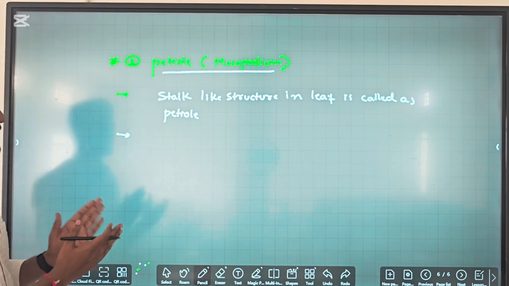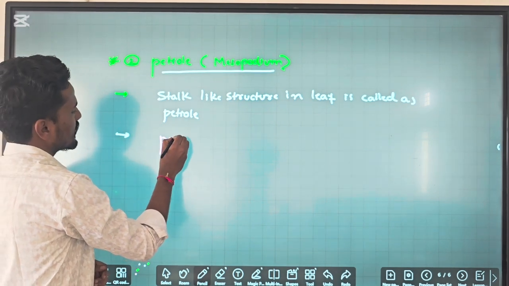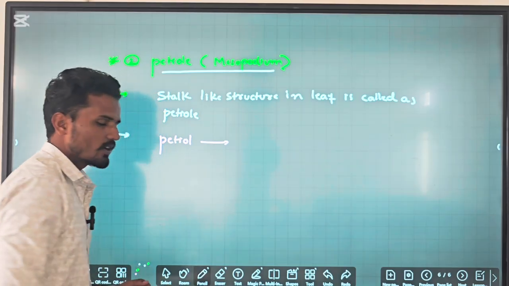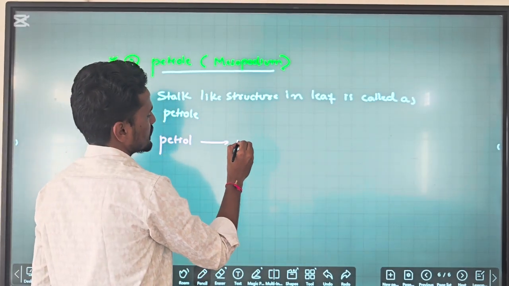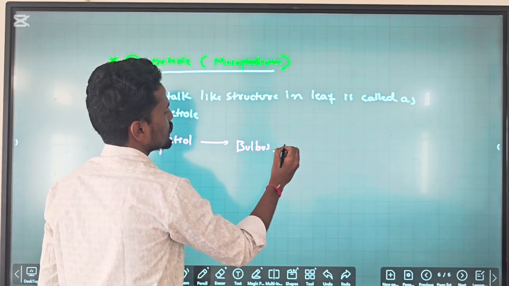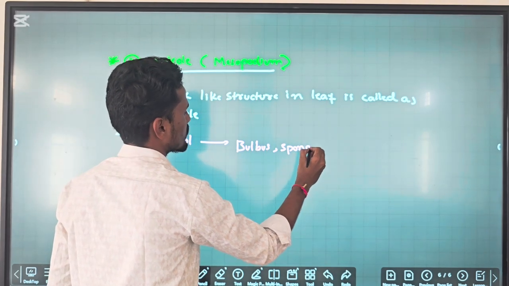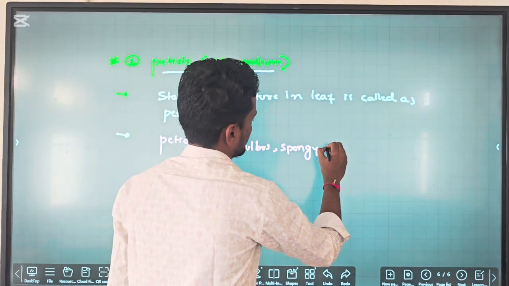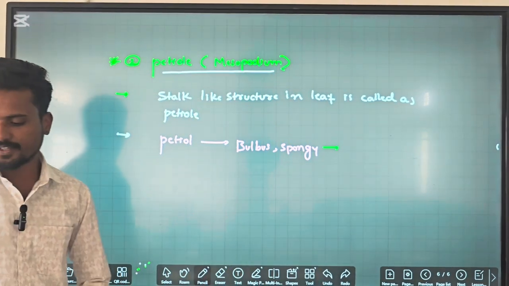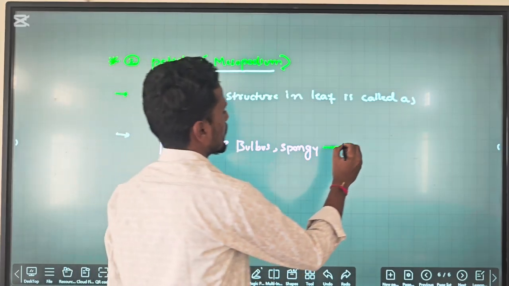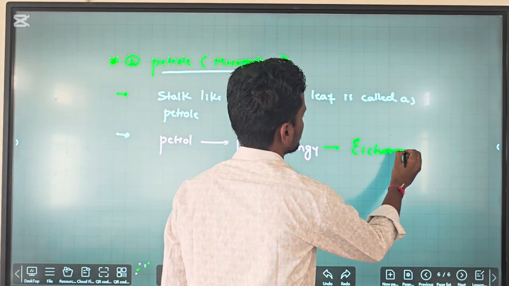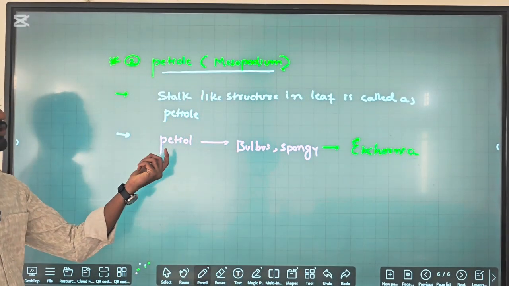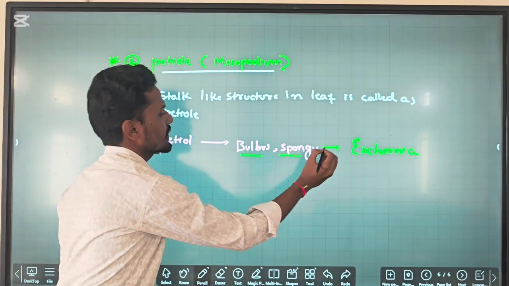In some plants the petiole is modified into a bulbous and spongy form, that is in Eichhornia. In the Eichhornia plant, the petiole is modified into a bulbous and spongy structure.